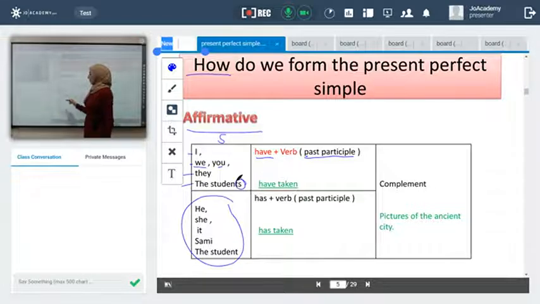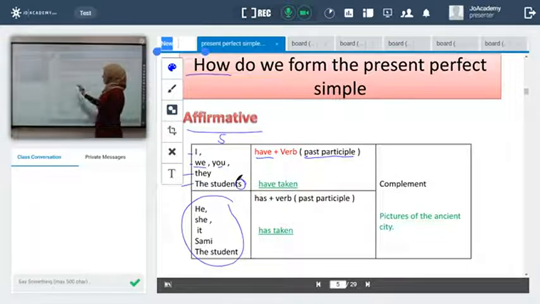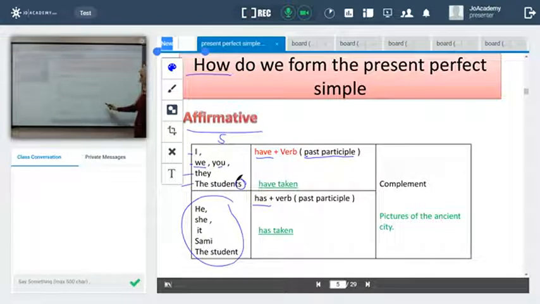These are singular third person pronouns or nouns, singular nouns relating to people. And if we're going to use them in the present perfect simple tense, we need to use has, not have. So, he has, then the complement, he has taken pictures of the ancient city.